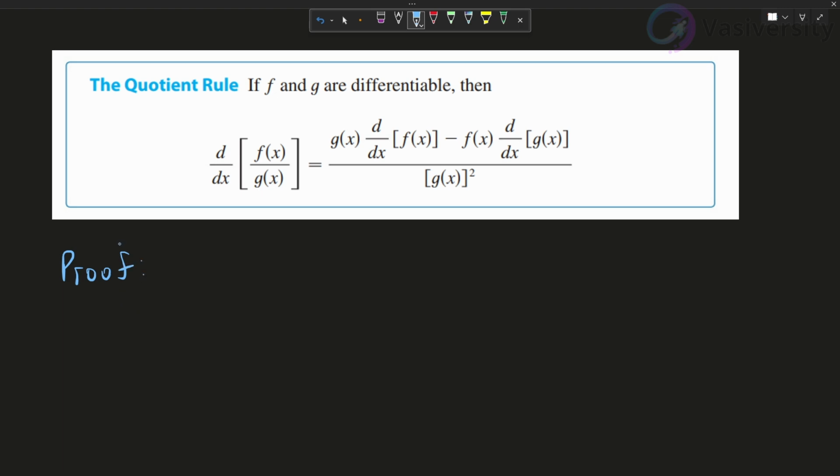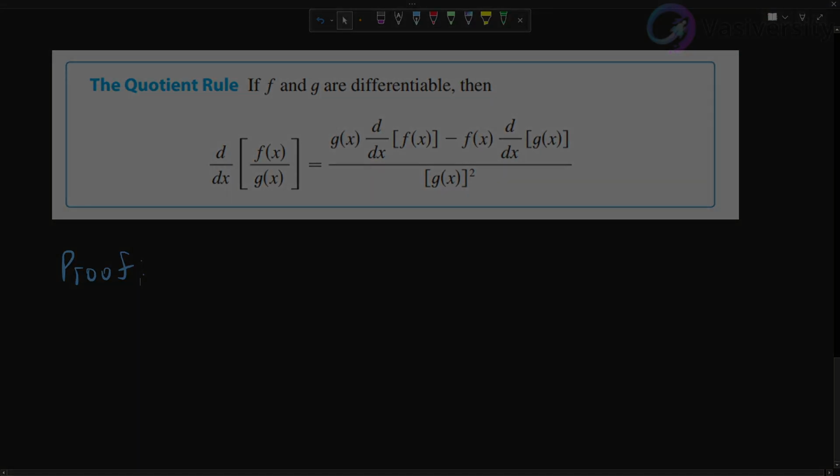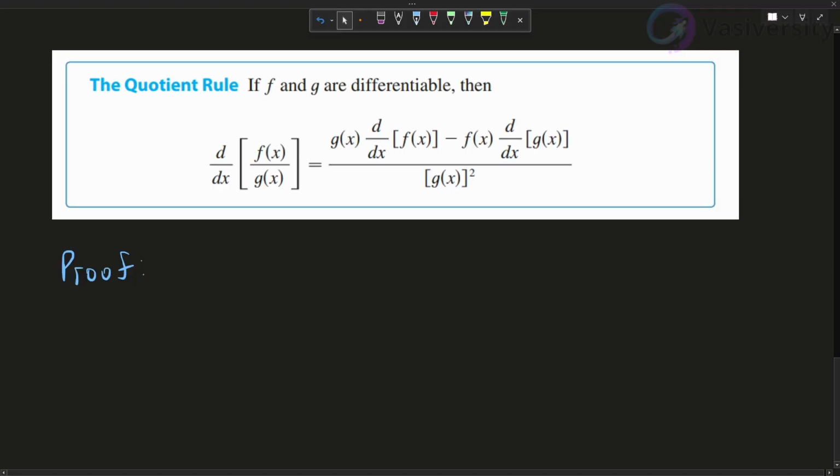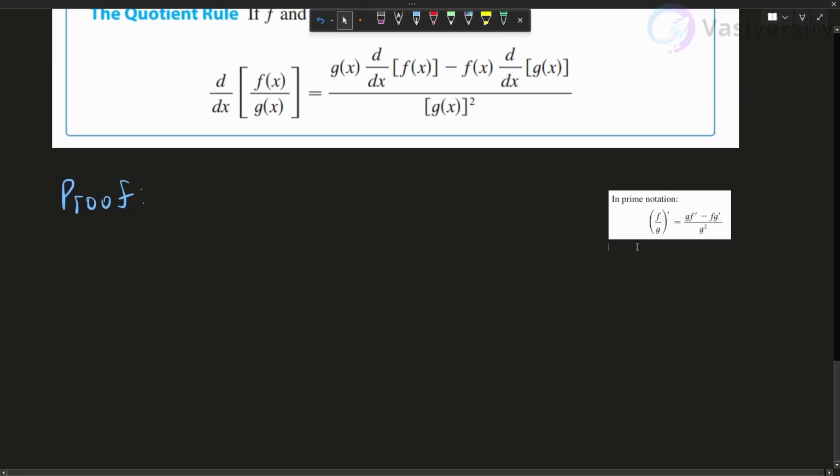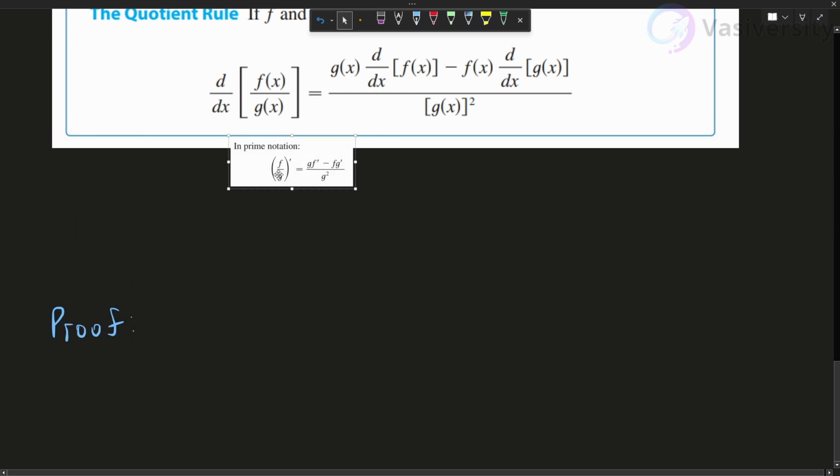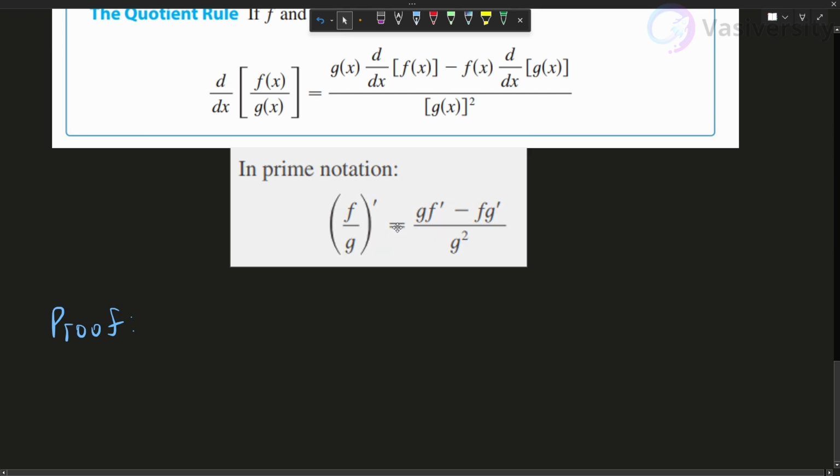So we have the following. Of course, before I prove it, let me actually give it to you in the prime notation. This is how it looks.